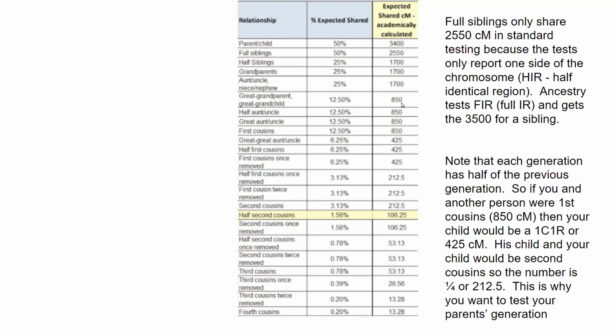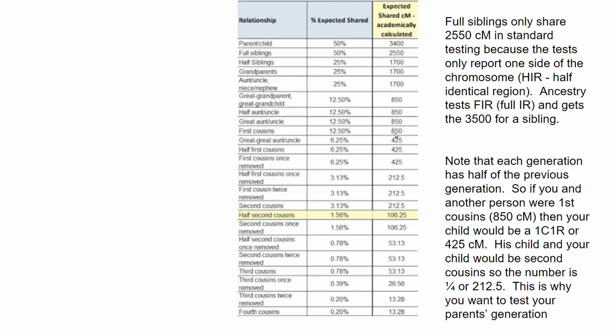And you can just go down this list and look at the level of centimorgans based on the distance someone is from you. The easy thing to look at is a single generation change.